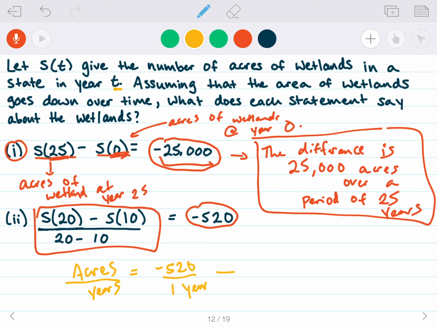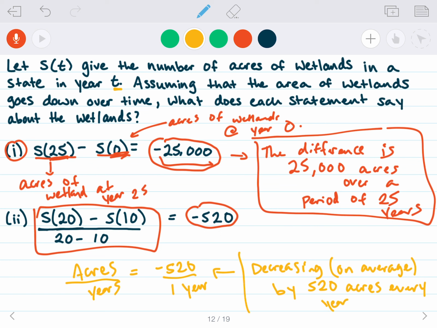And so what this is telling us is that we're decreasing on average by 520 acres every year. That is what this is telling us here. So on top we have acres, on bottom we have years, decreasing on average by 520 acres every year.